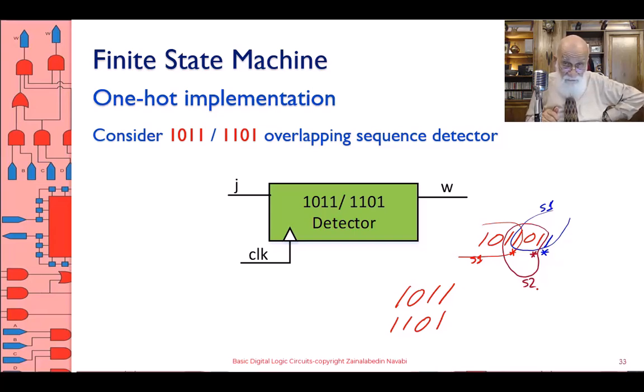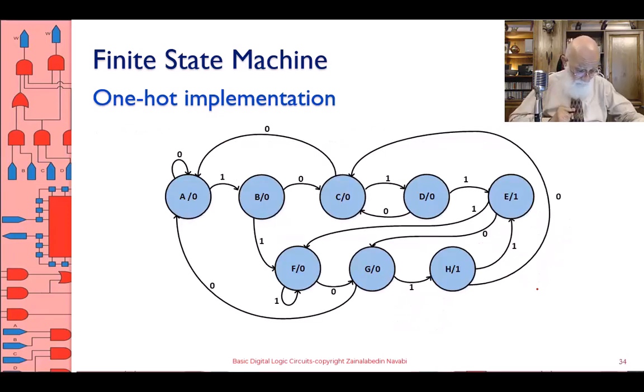And actually the one-hot implementation is really not that different from the previous one. What is different is the state machine that I'm going to be emphasizing, and the state diagram that we start the circuit creation with. This is the state diagram.